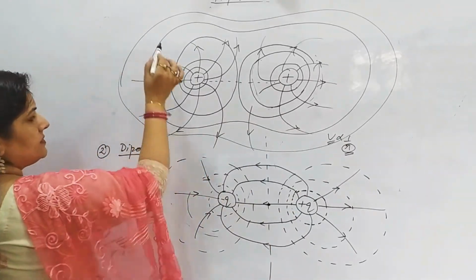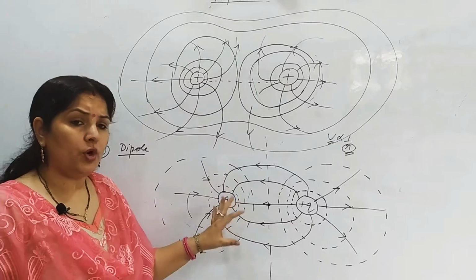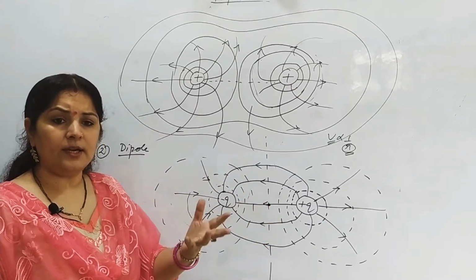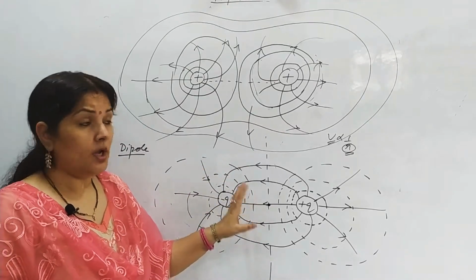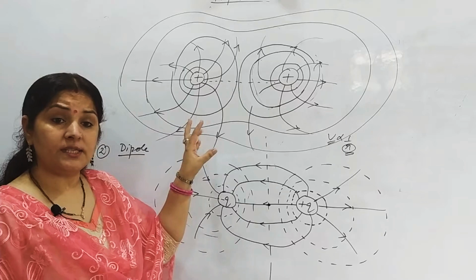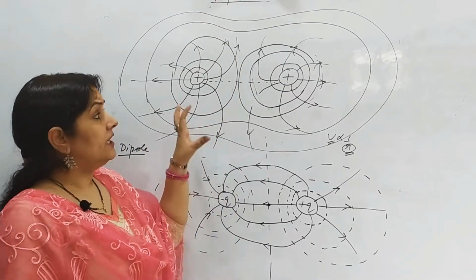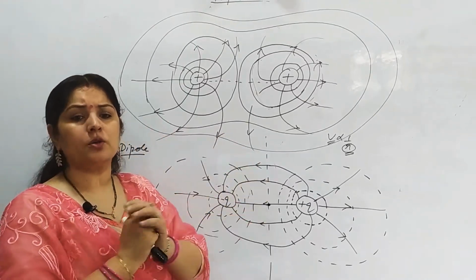What does it mean? It means that when a dipole is observed from a distance, the net charge, as I told, is 0 and the equipotential vanishes. But when two positive charges are viewed from a distance, they look like a bundle of charges, because the equipotential surfaces look like that.